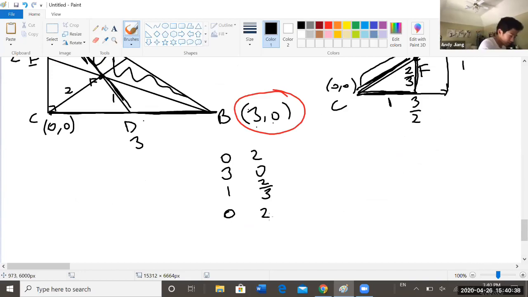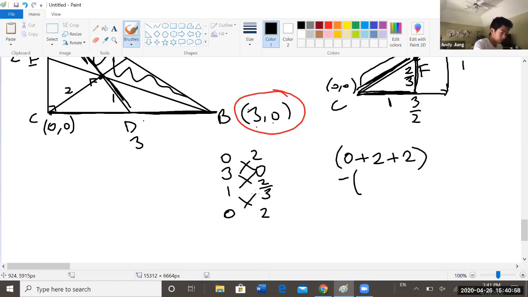And I'll do shoelace. So multiply that. I get 0 times 0, which is 0, plus 3 times 2/3, that's 2, plus 1 times 2, that's 2. All right, I have that, and then subtract those 3 values. 2 times 3 is 6, 0 times 1 is 0, and then 2/3 times 0 is 0.